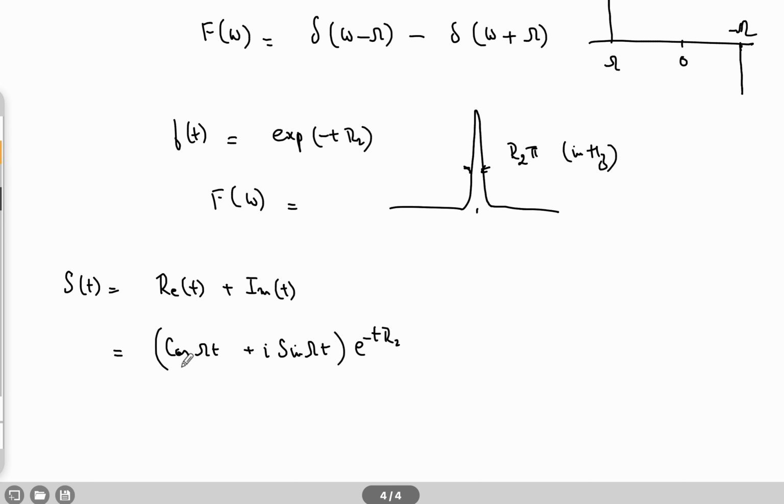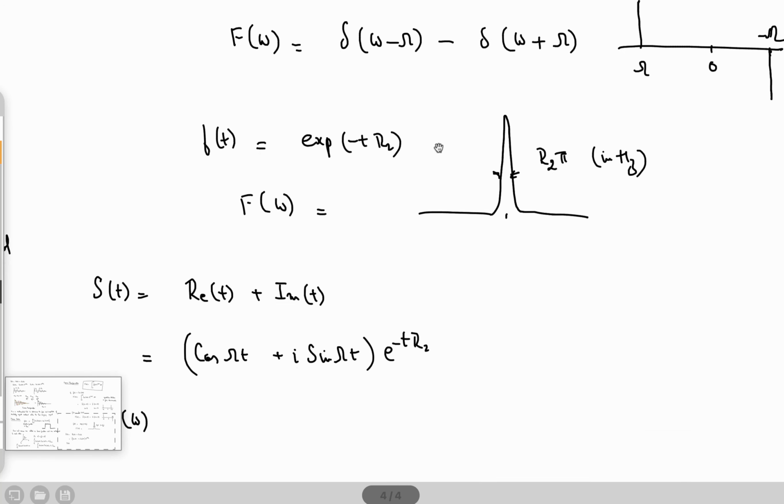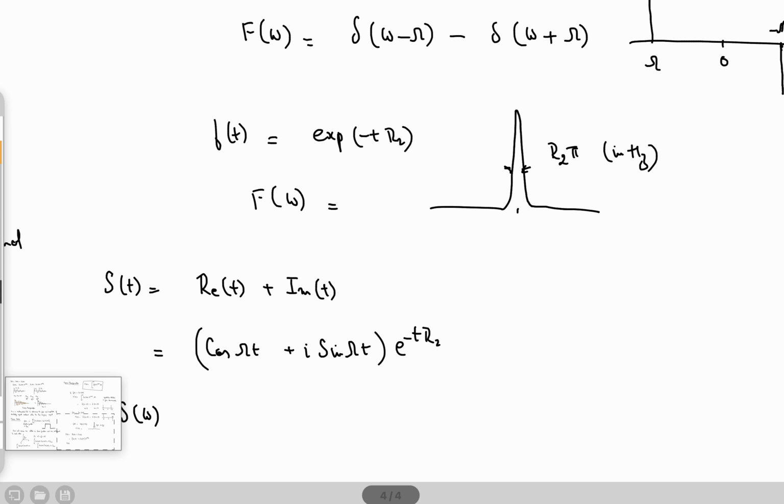So now the Fourier transformation of this whole thing gives you S(ω). So what you are doing is multiplying S(t) with the above expression e to the minus iωt, and then integrating from minus infinity to plus infinity with respect to time, and then what you will get is S(ω).